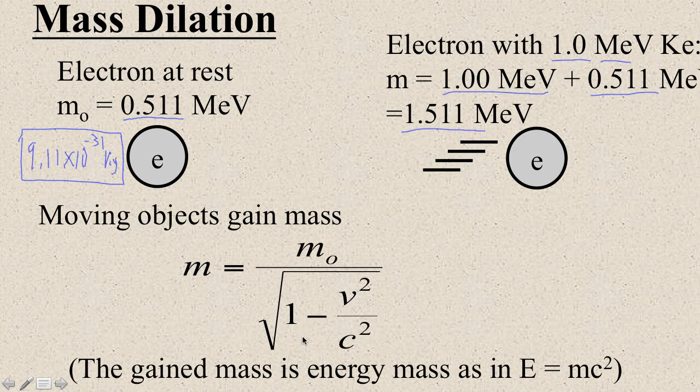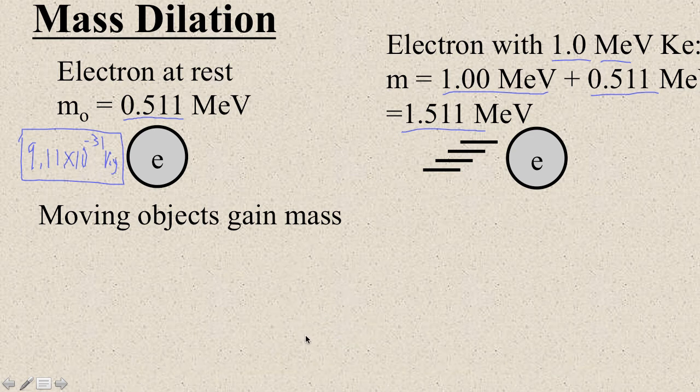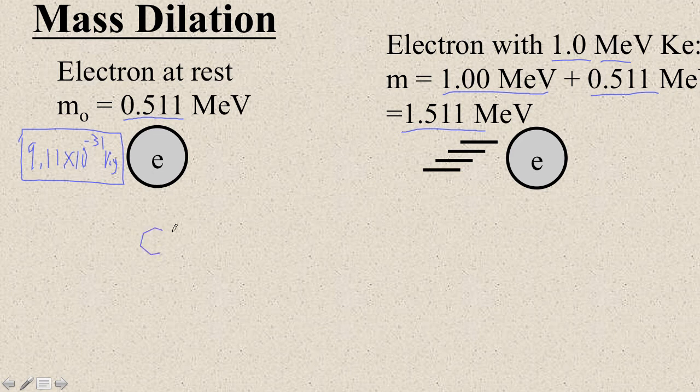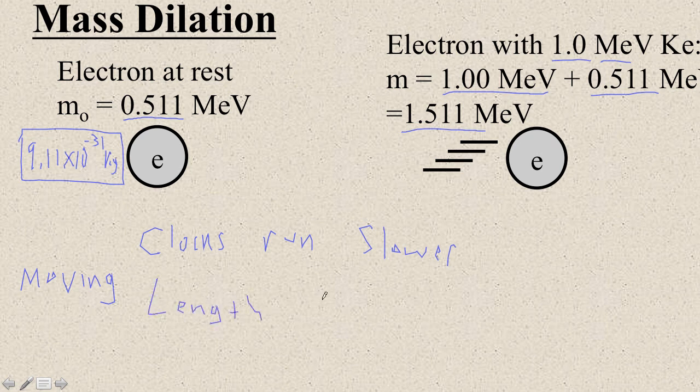So that's the summary. Moving clocks run slower. Length gets shorter.